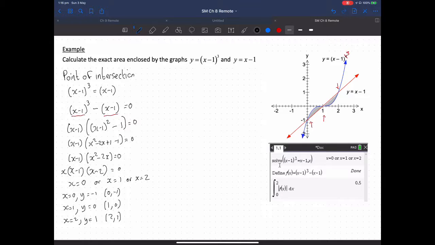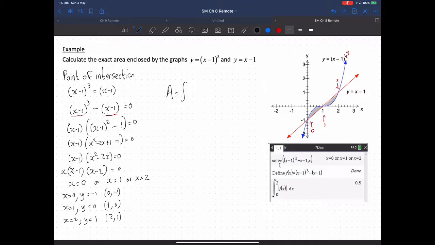So we now know over on our graph we have an x value of 0 at the first point of intersection, an x value of 1 at the second point of intersection, and an x value of 2 at the third point of intersection.